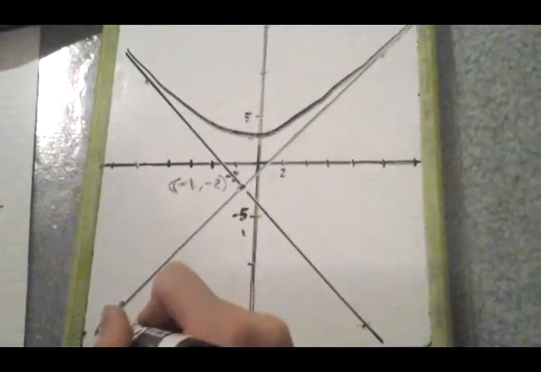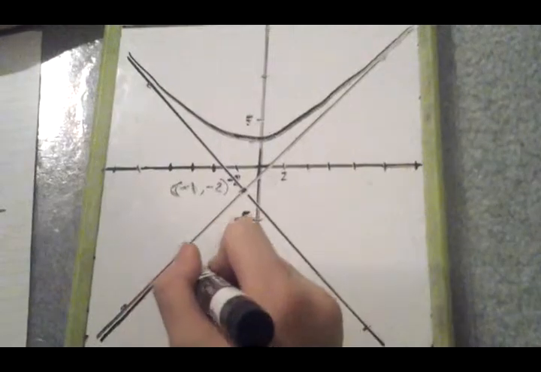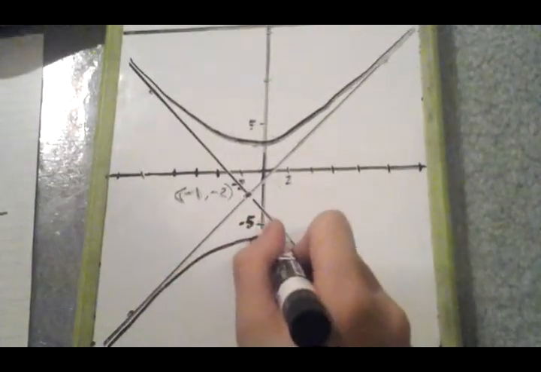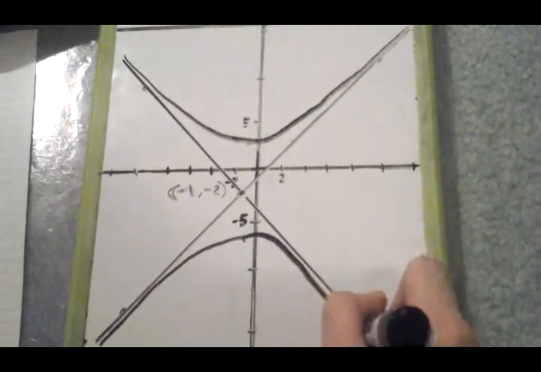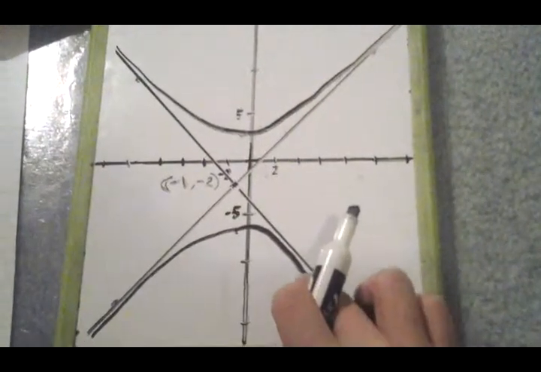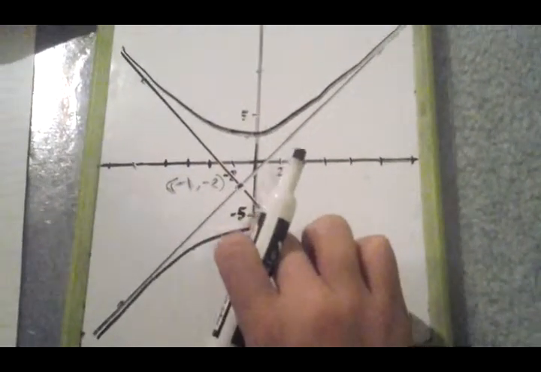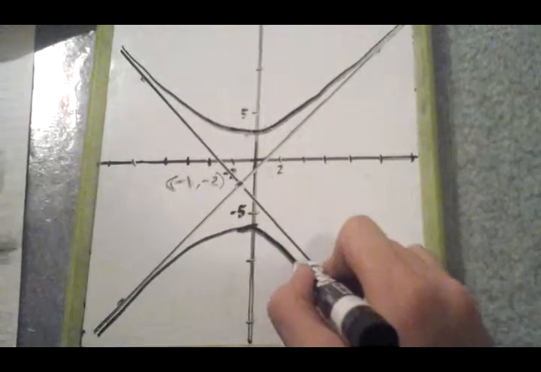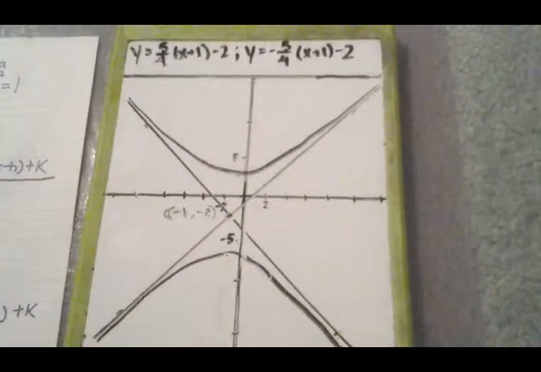And same for this side. That's a terrible line, but you get the point. And that's how you graph a hyperbola.